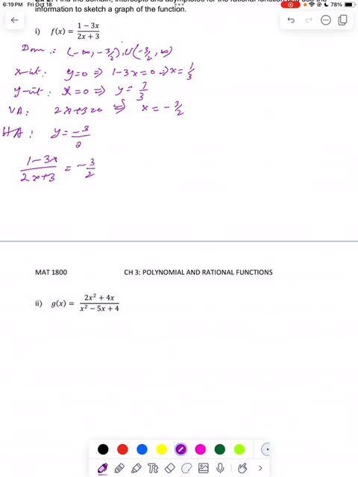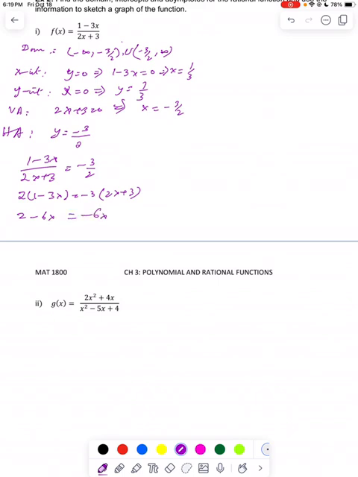You can do the cross multiplication, and we end up getting 2 times 1 minus 3x equals -3 times 2x plus 3. So I get 2 minus 6x equals minus 6x minus 9.